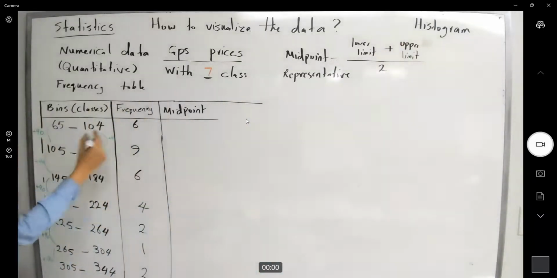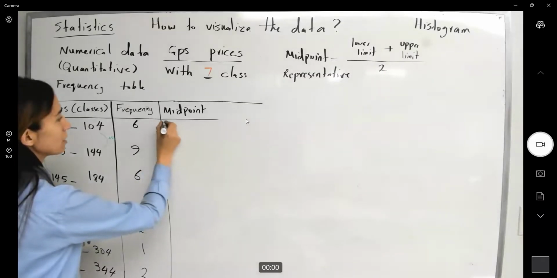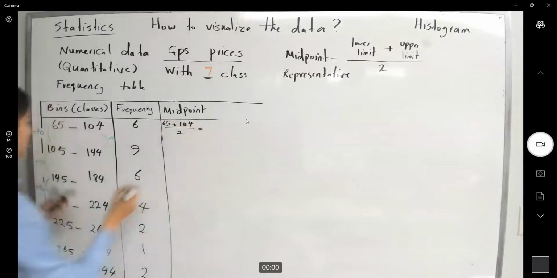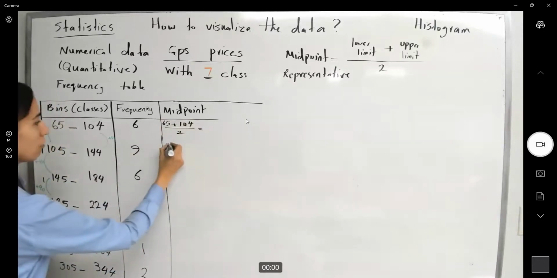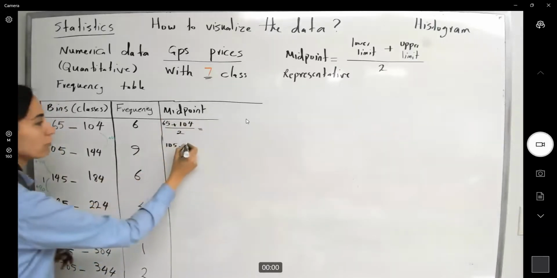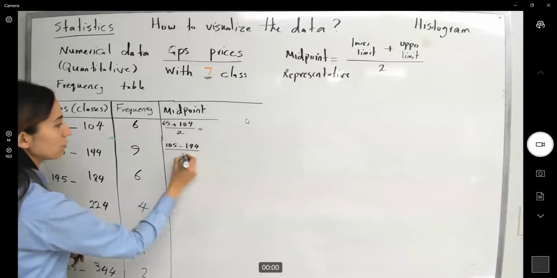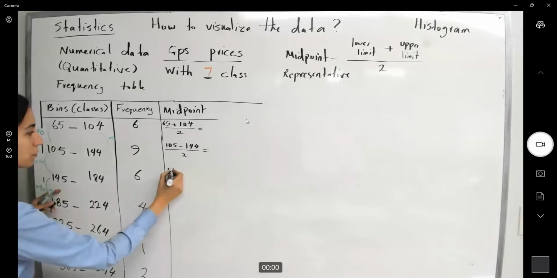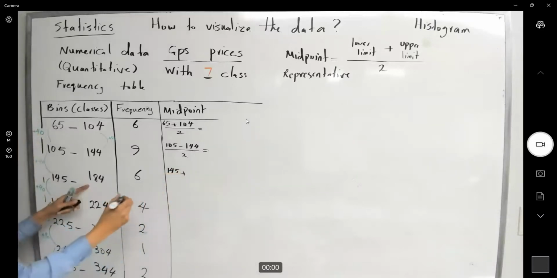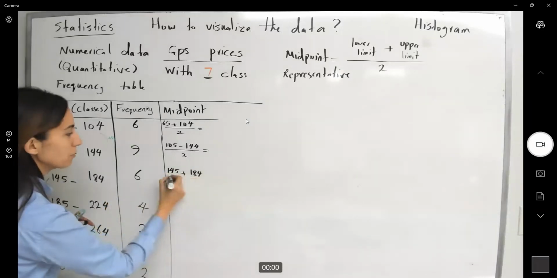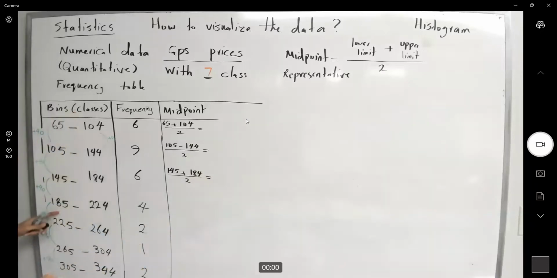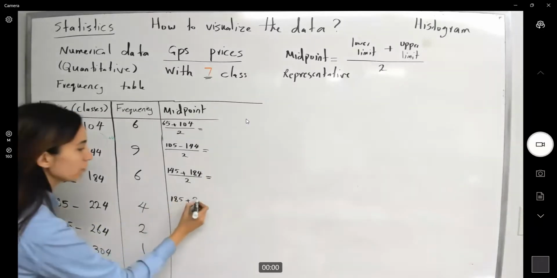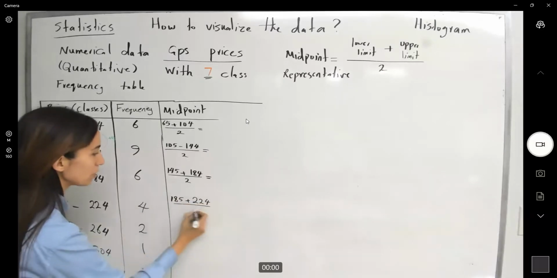So for the first class, you're going to add 65 and 104 divided by 2. The second class, 105 to 144 divided by 2. Third class, 145 plus 184 divided by 2. Then add 185 and 224 divided by 2.